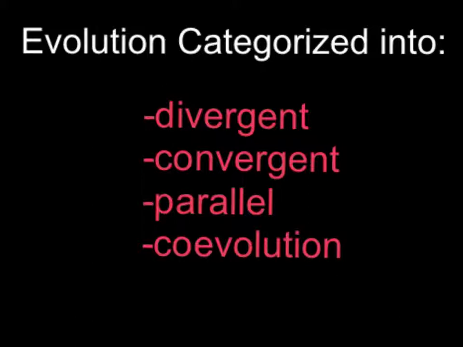Third, we have parallel evolution, which is 2 related species that have made similar evolutionary changes. And last, we have co-evolution, and that's 1 species changing in response to a new adaptation that appears in another species as well.